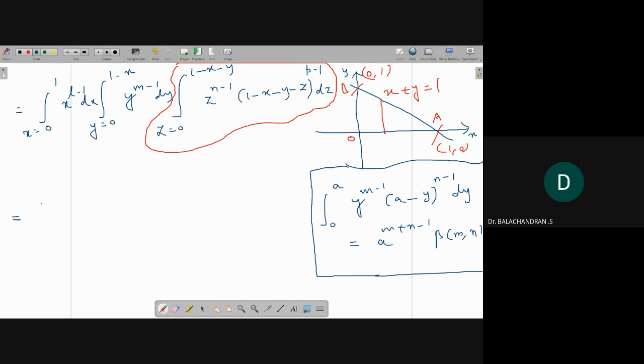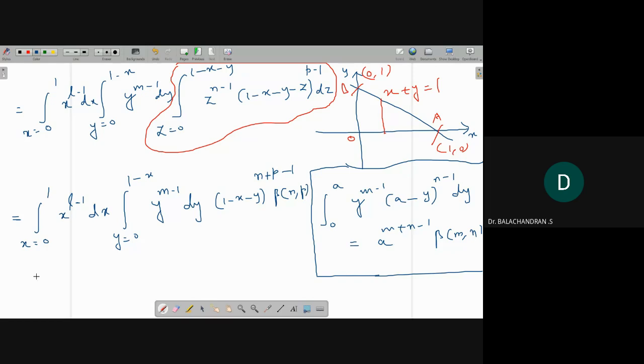So x goes from 0 to 1 with x power l minus 1 dx, y goes from 0 to 1 minus x with y power m minus 1 dy, and instead of a you write (1 minus x minus y) whole power n plus p minus 1, into beta of n comma p. So beta of n comma p is constant.